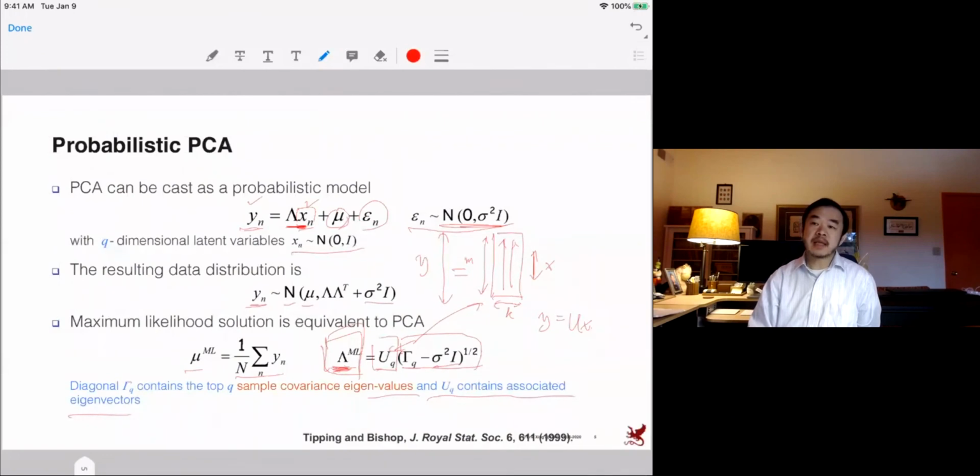So probabilistic PCA is very similar to PCA in terms of the mathematical format. But on the other hand, using a probabilistic model, as you will see later, there are some benefits in getting more computational convenience and efficiency.